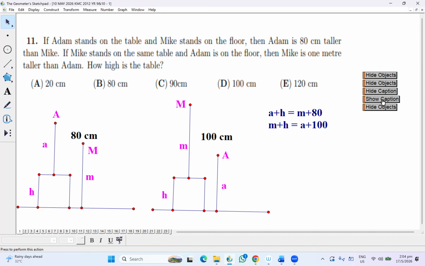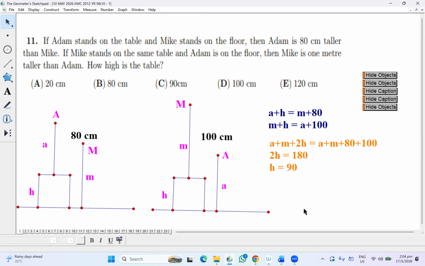Add the equations: A plus M plus 2H equals A plus M plus 80 plus 100. So A plus M cancel off. 2H is 180, height of table is 90. If you try to find A and M, it's not possible, but the height of the table can be calculated.